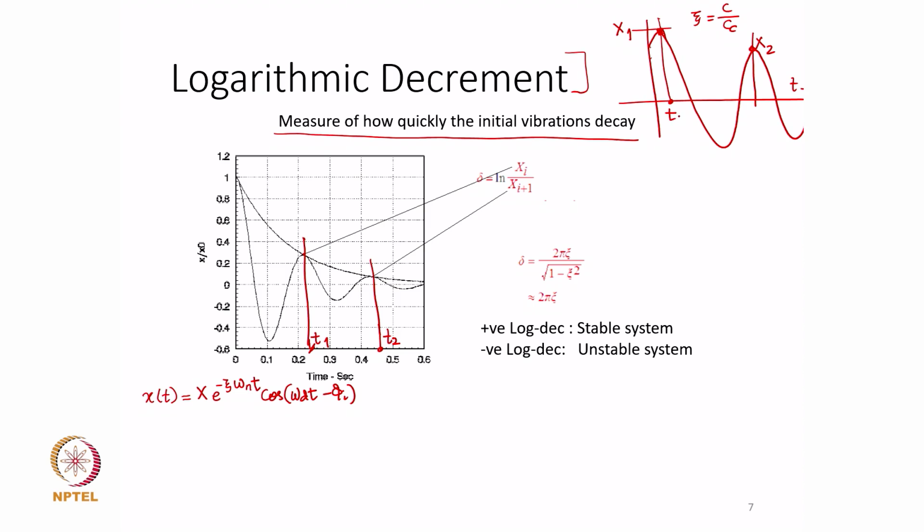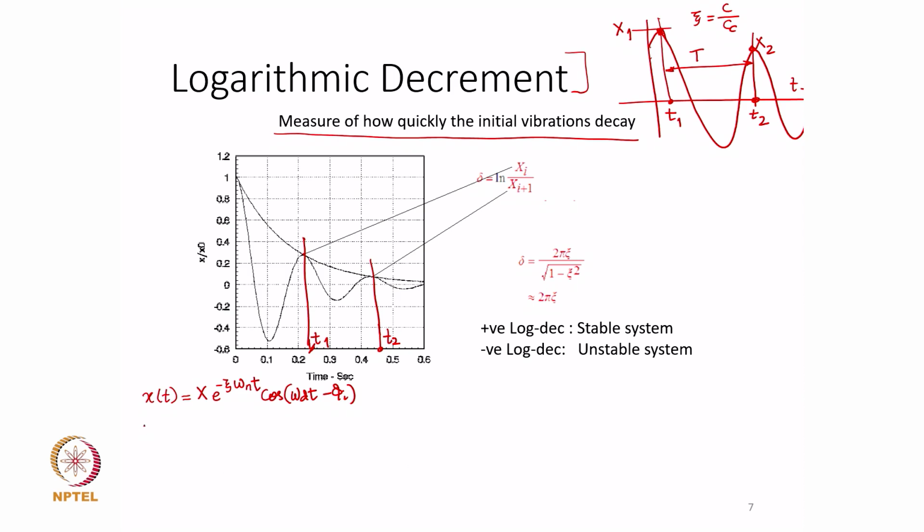So, if I call this t as t 1 and maybe this t 2, x 2 at time t 2. You also know that the time between these two peaks is our time period of oscillation. All right. So, this is a general expression for the response.